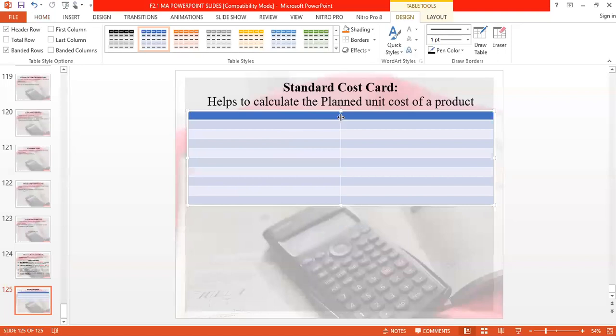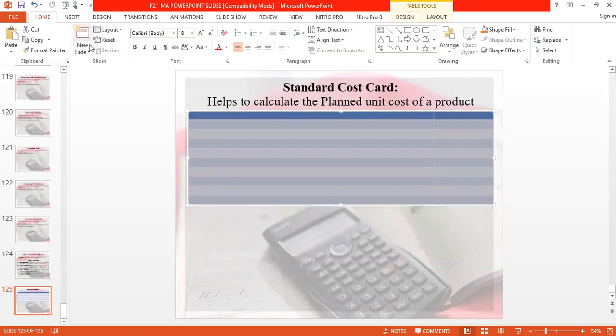We'll have something like that so that we can see the format. So this is the format of a standard cost card.